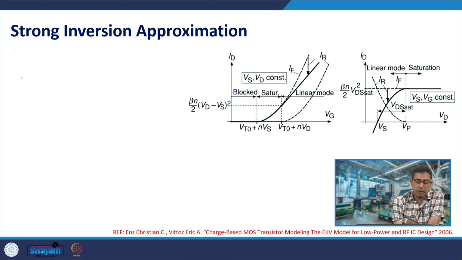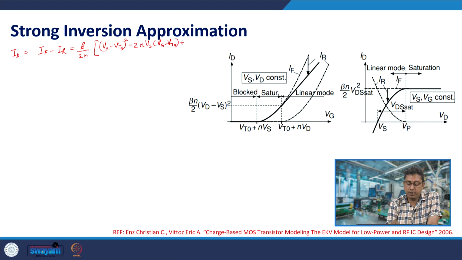Using that we obtain that the current is If minus Ir, which should be equal to beta by 2n into Vg minus Vto square minus 2n Vs into Vg minus Vto plus n square Vs square.